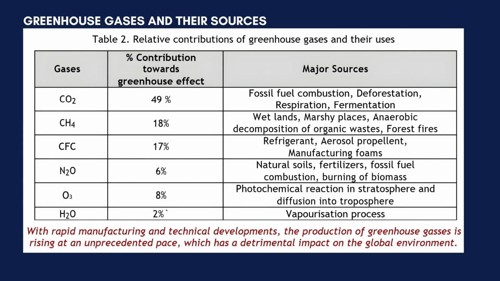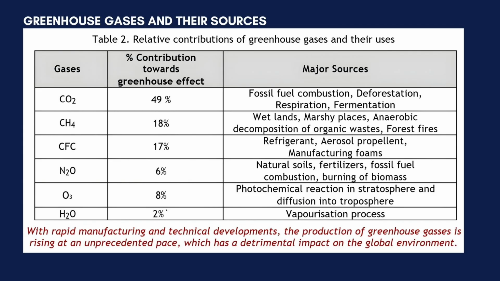Makikita ito sa mga wetlands, marshy areas, and also from decomposition of organic waste. And kasama rin dito ang mga forest fires. Then we have CFCs or chlorofluorocarbons, contributing about 17%. Usually galing ito sa mga refrigerants, aerosol sprays, and foam production.